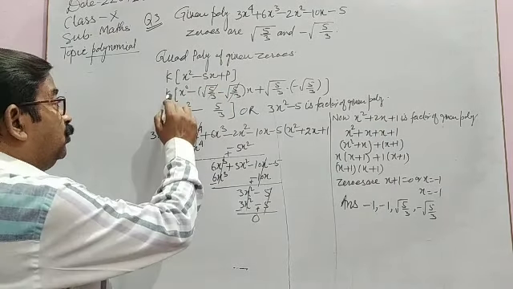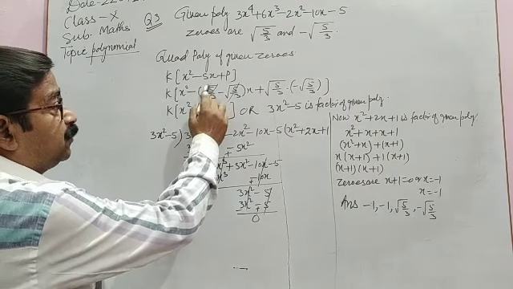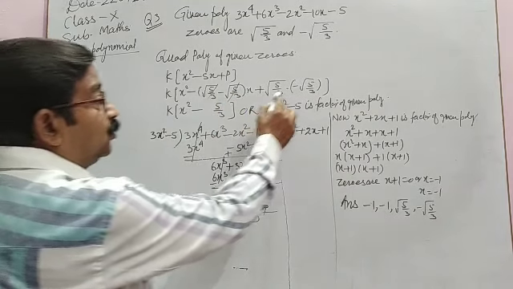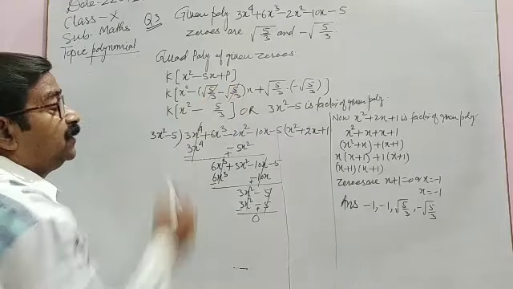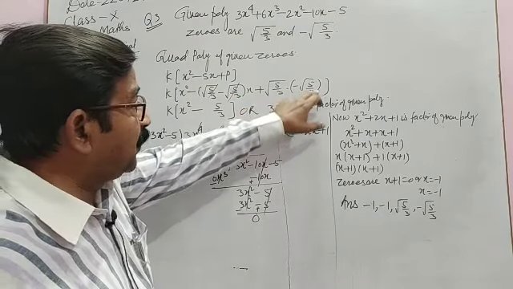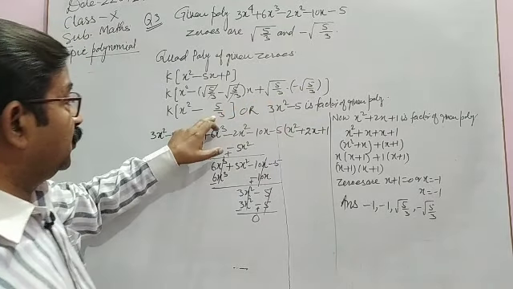So I have put the value: k times of x square minus, this is plus root 5 upon 3 minus root 5 upon 3, plus x, and into product of zeros. So this will be cancelled. Now root 5 upon 3 into minus root 5 upon 3, plus into minus is minus, and we have 5 upon 3.